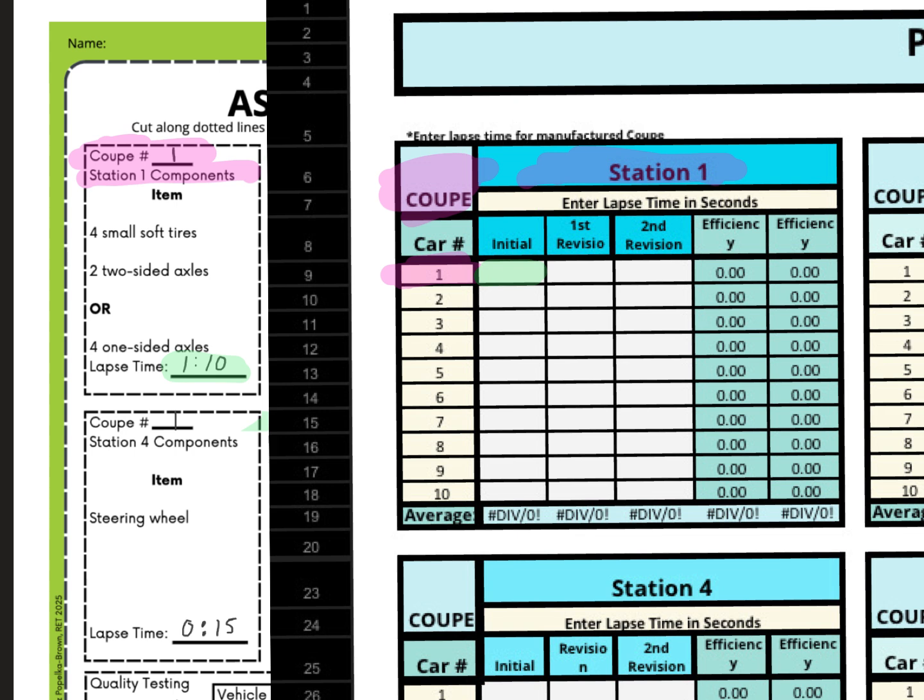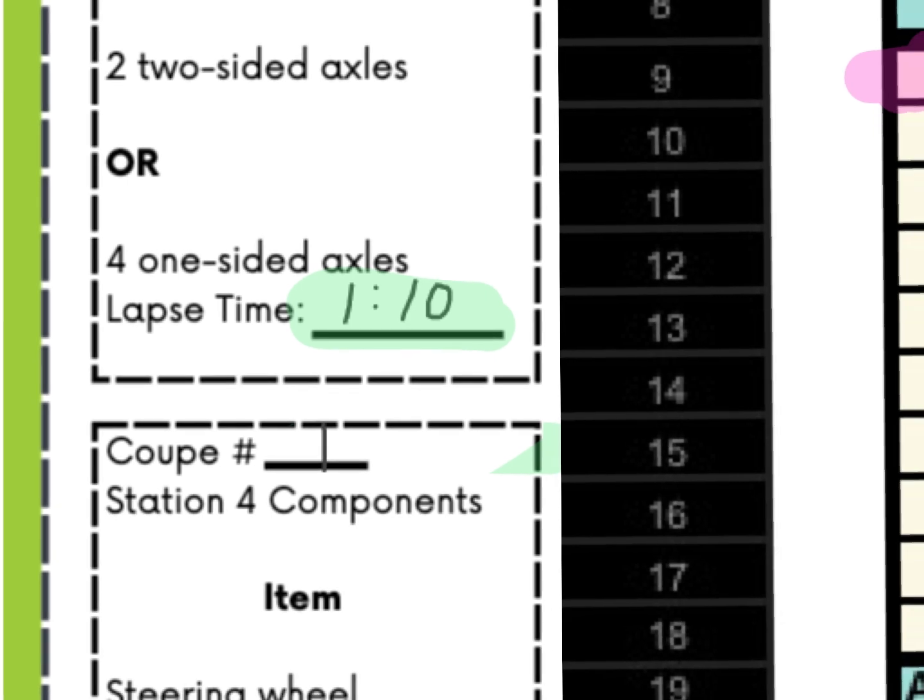And also please pay attention to the fact that it says we need to enter the time in seconds. So right now, I know a lot of stopwatches don't tell us seconds, and that's why our lapse time says a minute and 10 seconds. So we have to convert that into seconds, which means, of course, it's going to be 70 seconds.